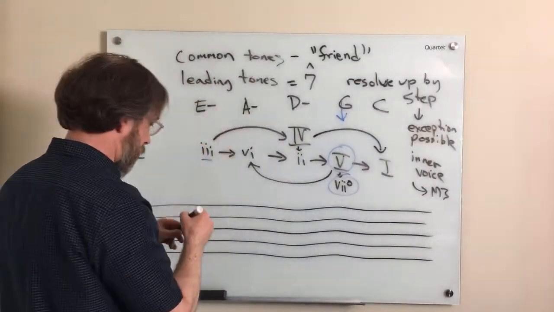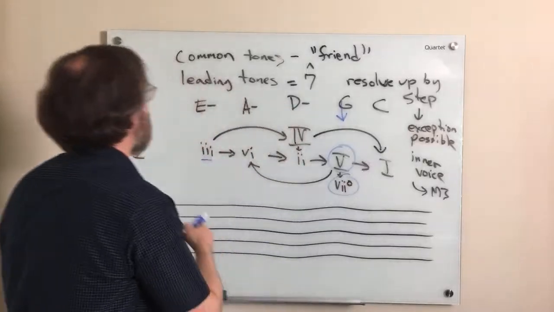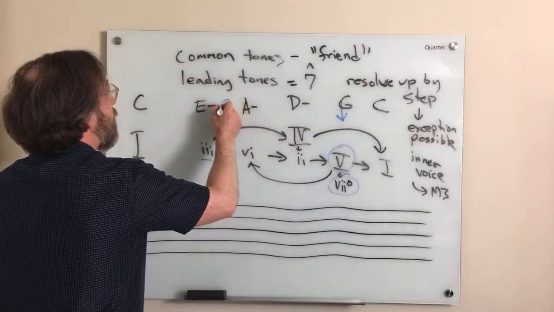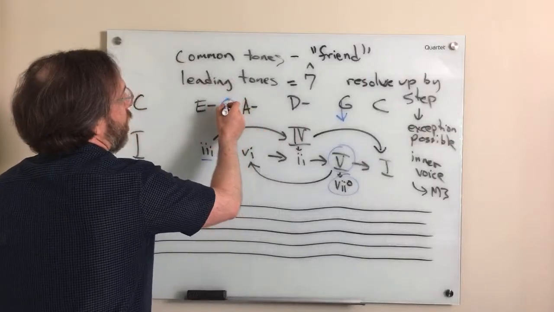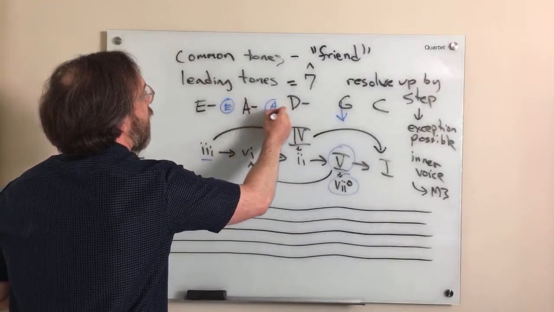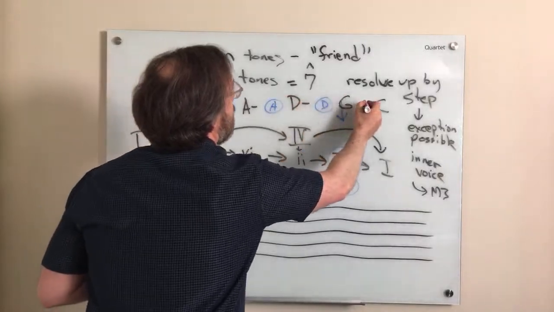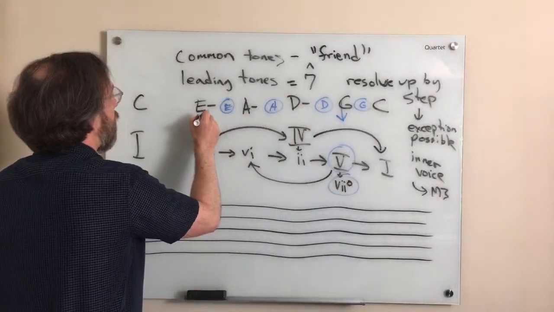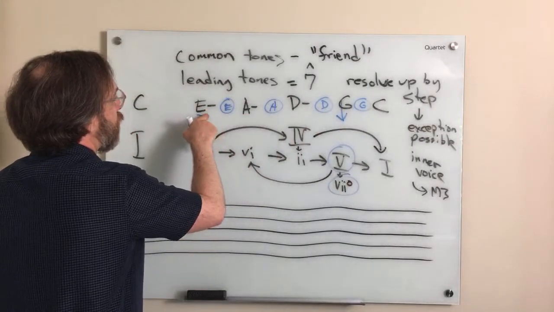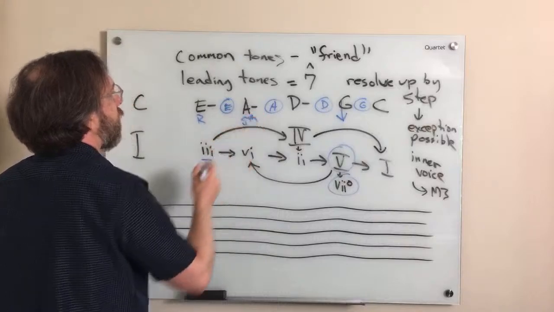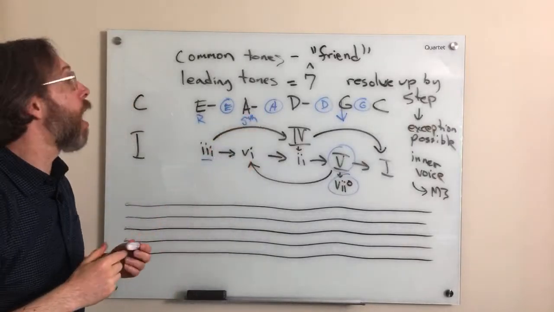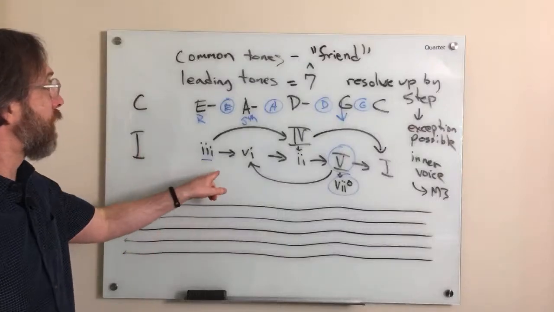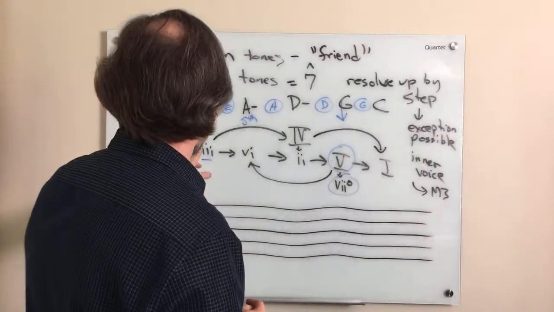So the common tone between E minor and A minor is the E. Here it's the A, here it's the D, here it's the G. It's always the root of the previous chord becomes the fifth of the second chord. That's your common tone. So that's how common tones relate in that sense. But we know that there's other options, right?